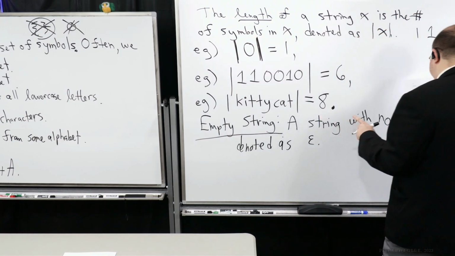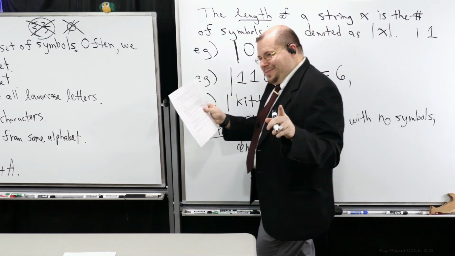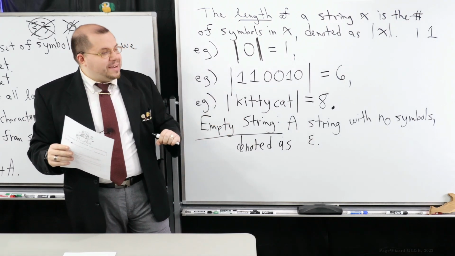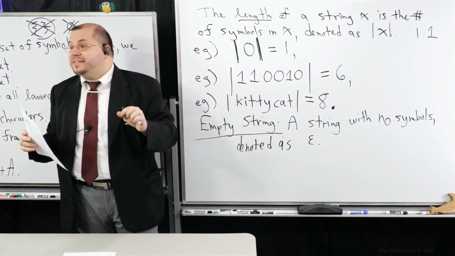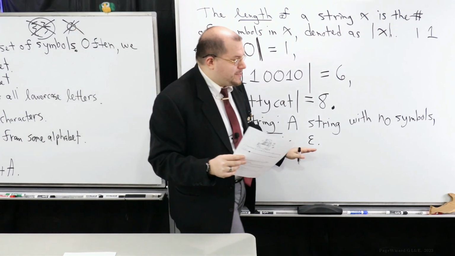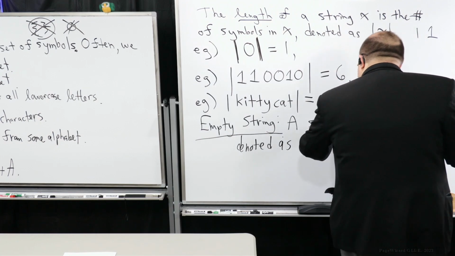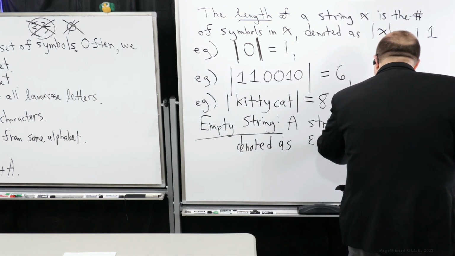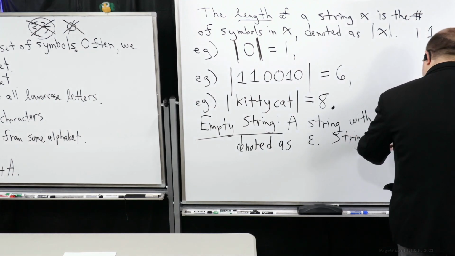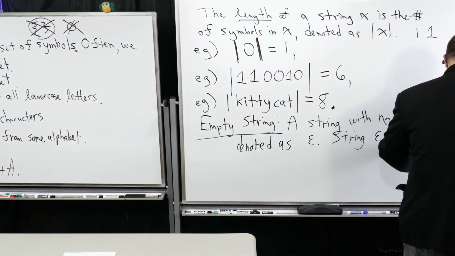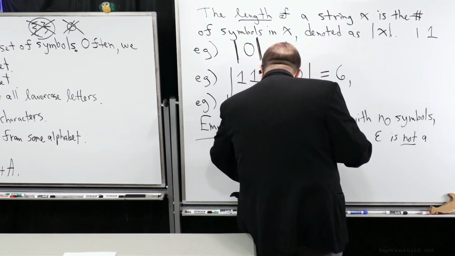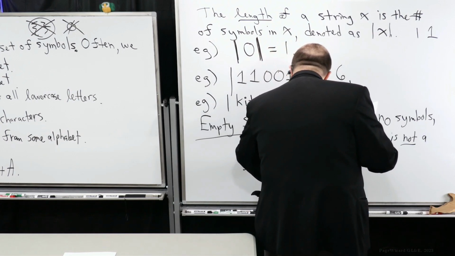And I must stress, we have to be very careful here, that epsilon, the empty string, is a very special symbol, because it isn't technically a symbol of any alphabet, right? It just represents the empty string. So the empty string, so string epsilon, is not a symbol in an alphabet.